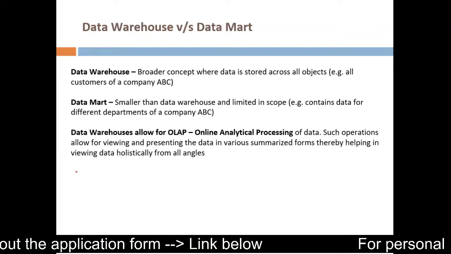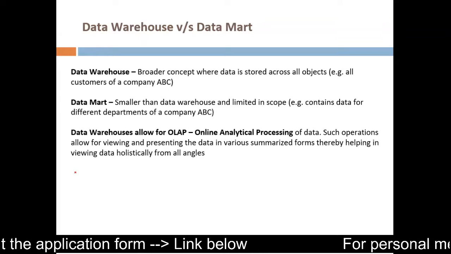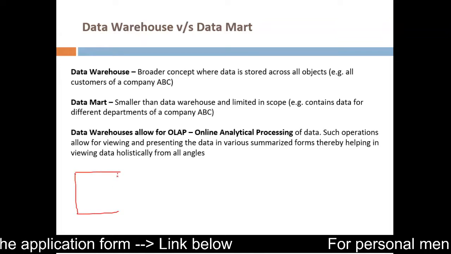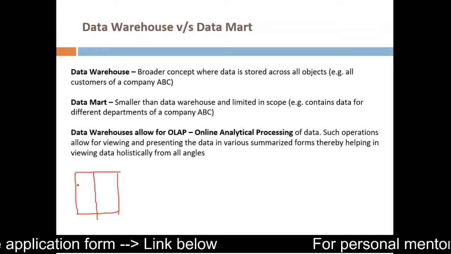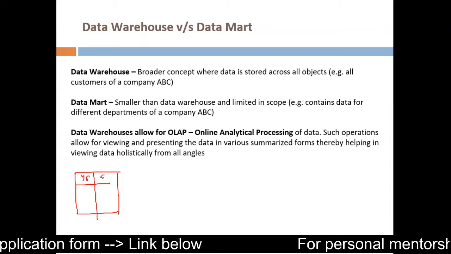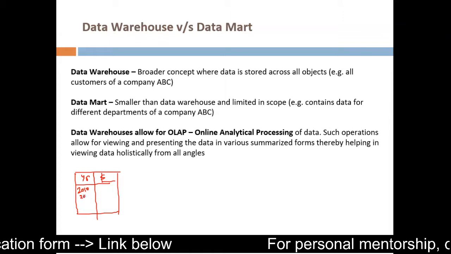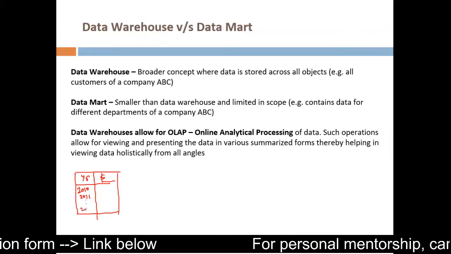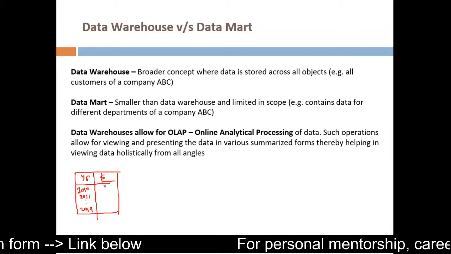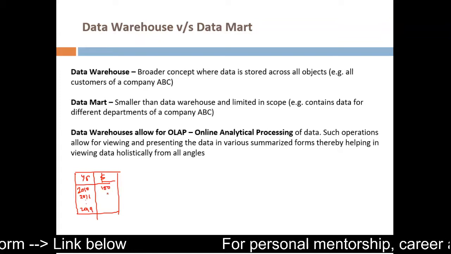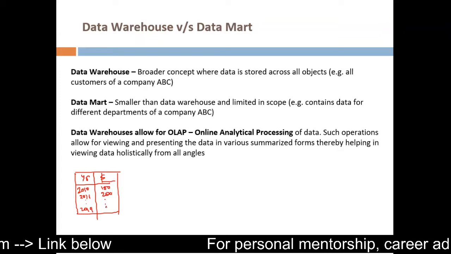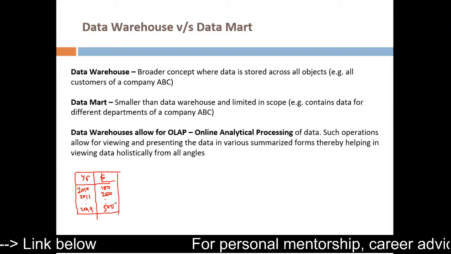So imagine that you are looking at, for example, the yearly dollar sales, and in terms of year you have 2010, 2011 up to 2019, and you have some dollar sales, $100 million, $200 million, and maybe $500 million.